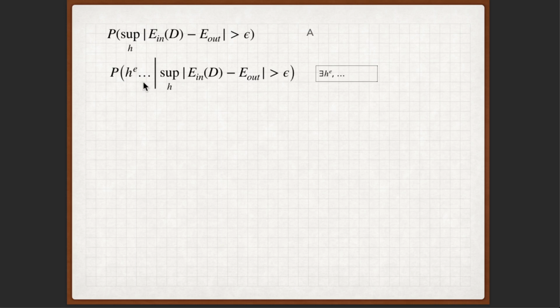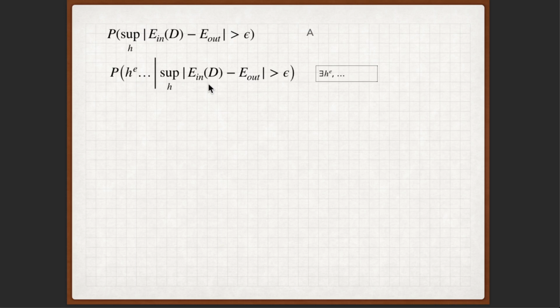So the first step: it is natural that when this event happens, this dataset is somehow most sensitive to one hypothesis, which will get a large in-sample out-of-sample error difference. Then we must be able to find this particular one. Let's call that HE from the hypothesis family.